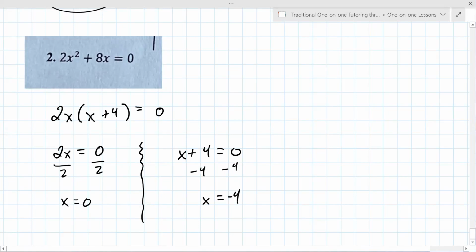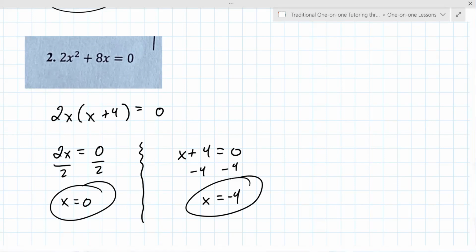Okay, that makes more sense. But then that's your answer. Divide by 2 because it's 2x. How do you know to divide that one? The 2 is multiplying the x. So even if it was like 40x equals 0, you divide it by 40.